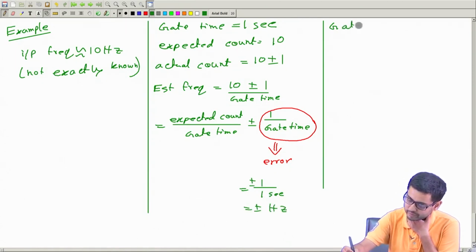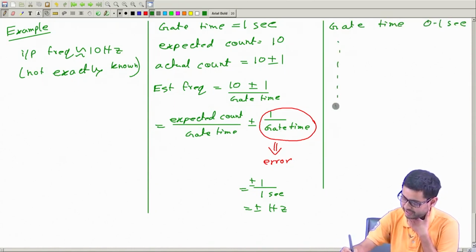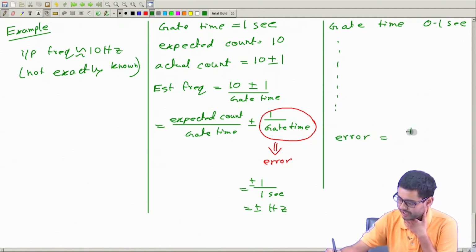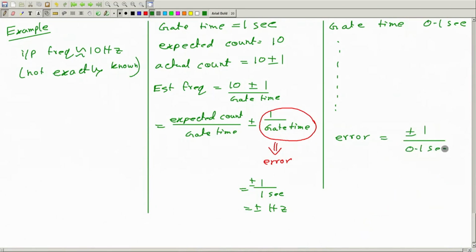But if I have another instrument for which the gate time is 0.1 second, then with a similar analysis the error will be plus minus 1 divided by 0.1 second. This will be equal to a huge 10 hertz.